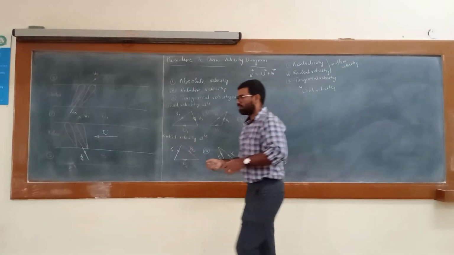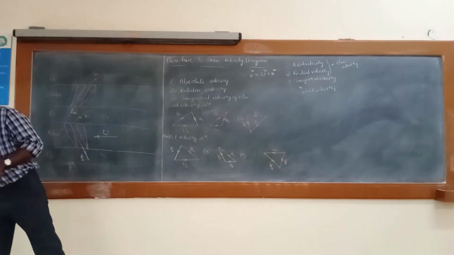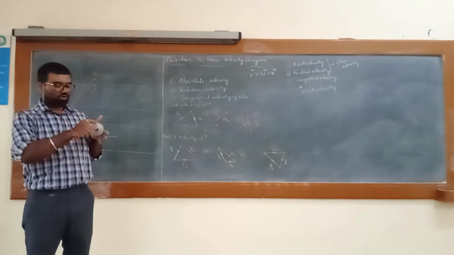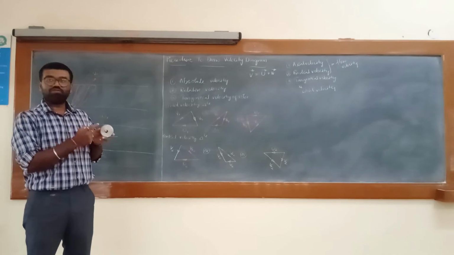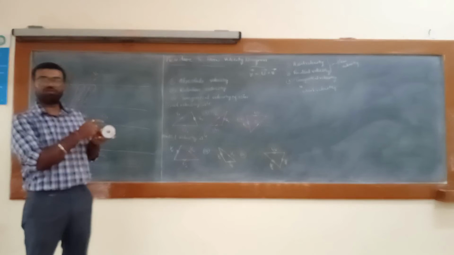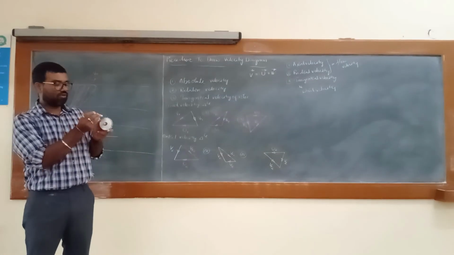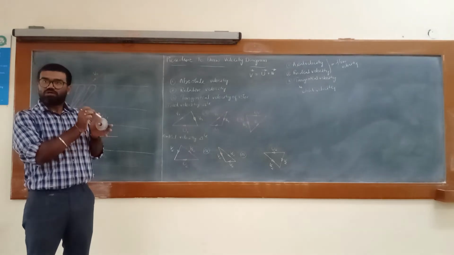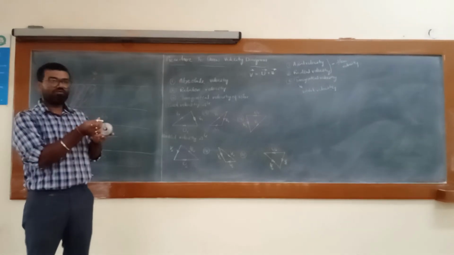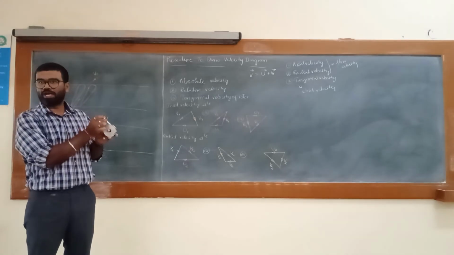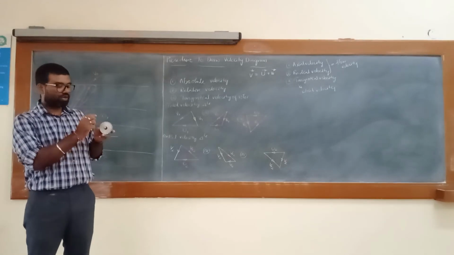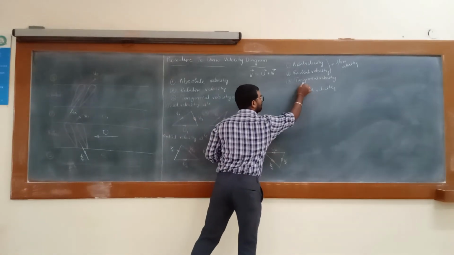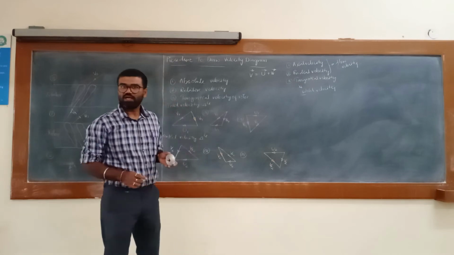That means the absolute velocity striking the rotor has to cause the rotation of the wheel and also carry the flow from inlet to outlet. Whichever velocity component causes the rotation of the wheel, that is the wheel velocity, which is nothing but the tangential velocity component.